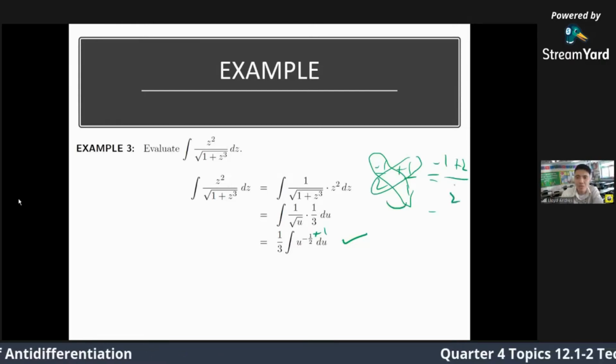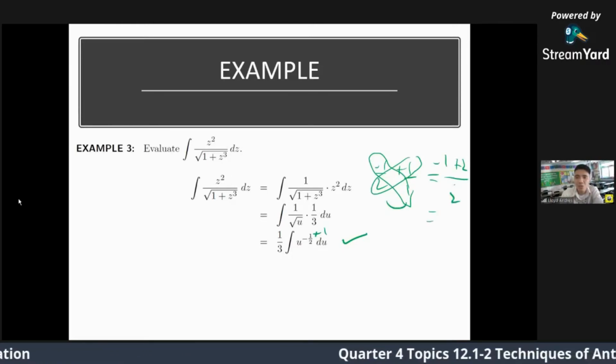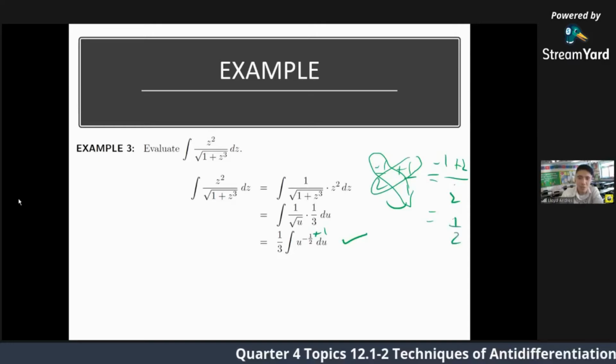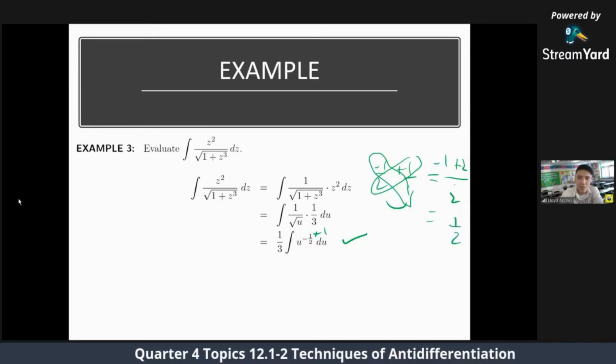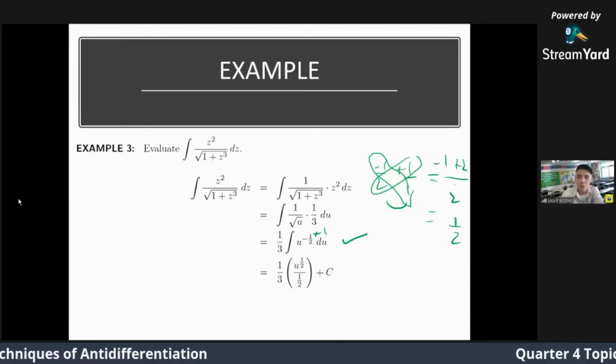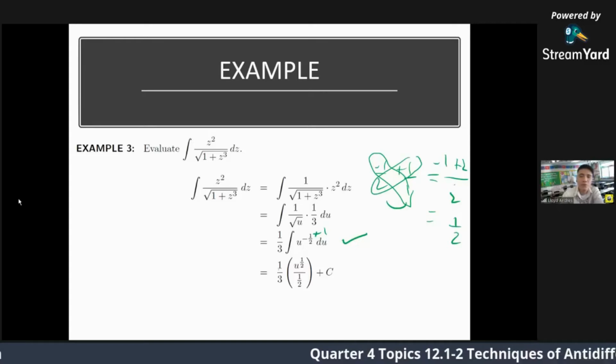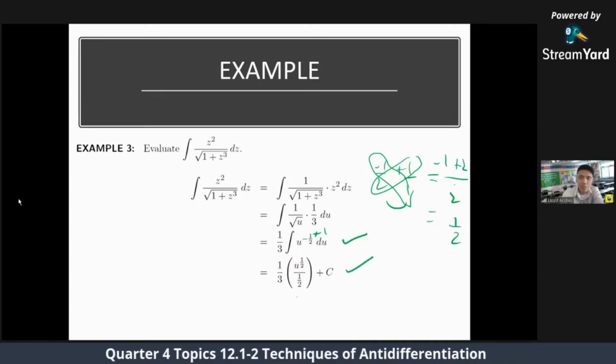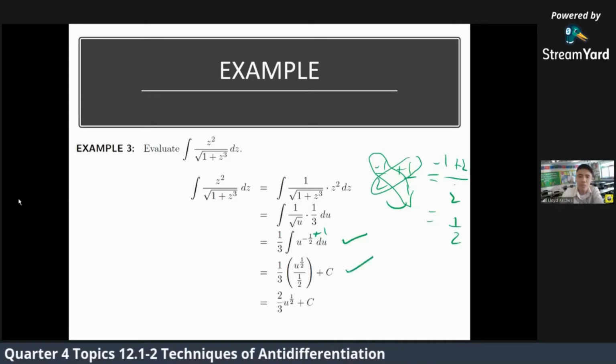Or basically, that's 1/2, or negative 1/2 plus 1, or 1 minus 1/2. So 1/2 ang exponent. Mao nang nahimo siya 1/3 as is lang u raised to 1/2 over 1/2 plus c. And then next is gisimplify niya.